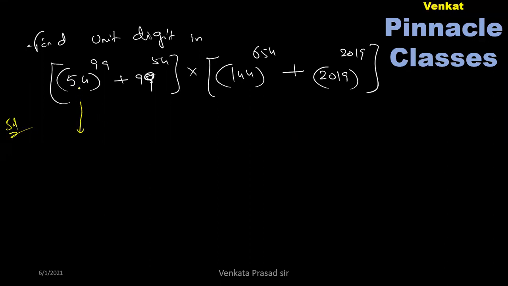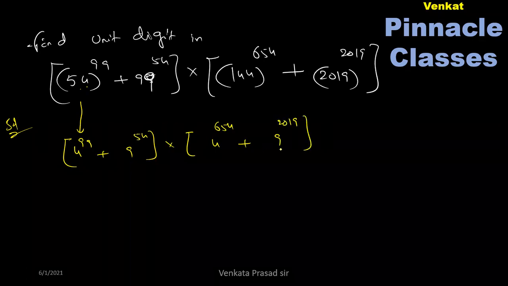Do you know what the unit digit is? It is the same as 4 power 99, 9 power 54, 4 power 64, 9 power 2019.